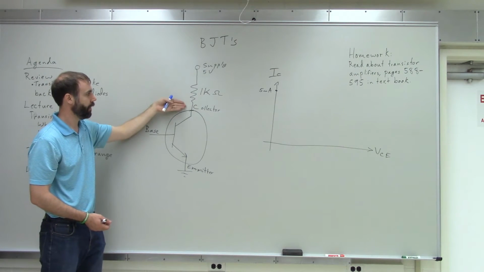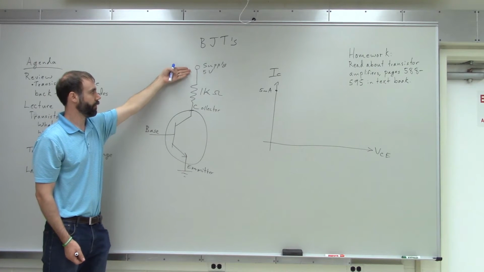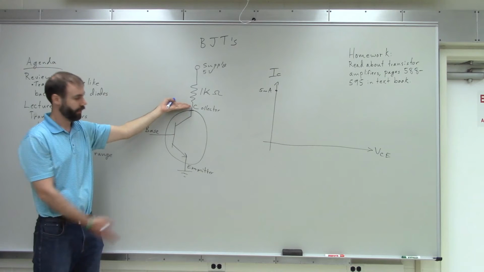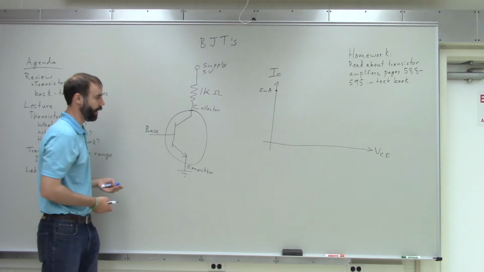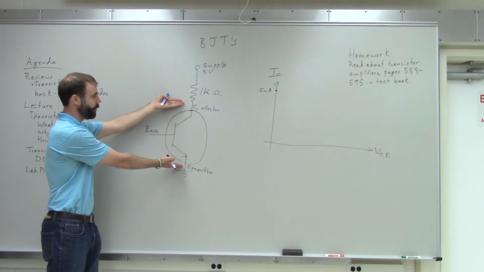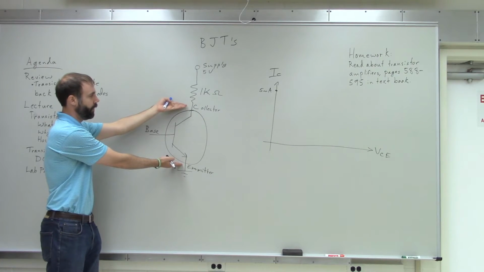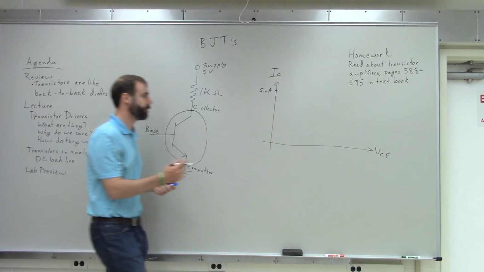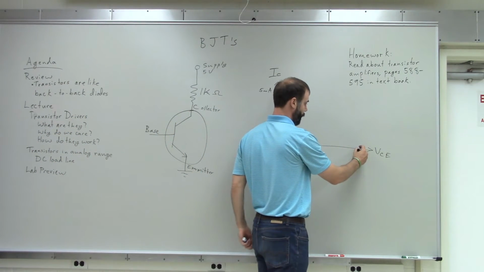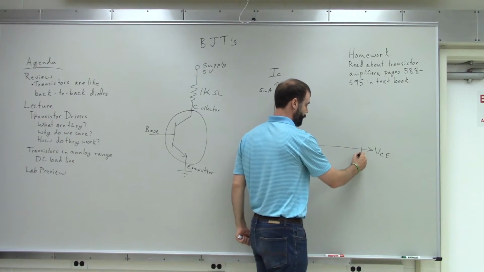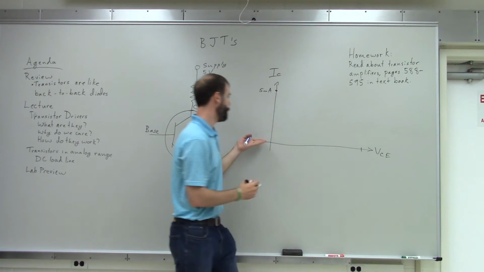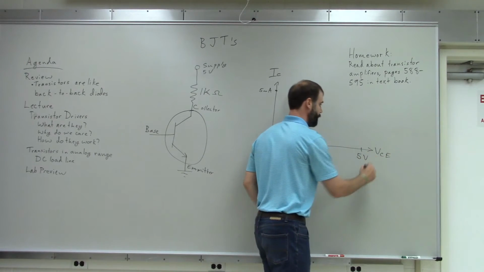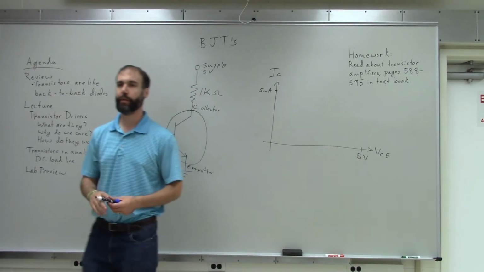So both sides are at the same level. So this side is at 5 volts. The collector must also be at 5 volts. And the emitter is tied directly to ground, so that's at 0 volts. So there's 5 volts between the collector and the emitter when no current is flowing. So that's another point that we can plot on our graph. So at 0 current, we have 5 volts between the collector and the emitter.